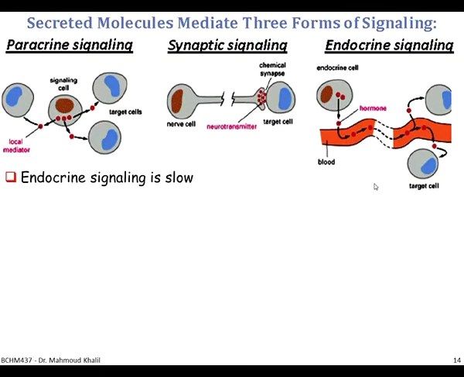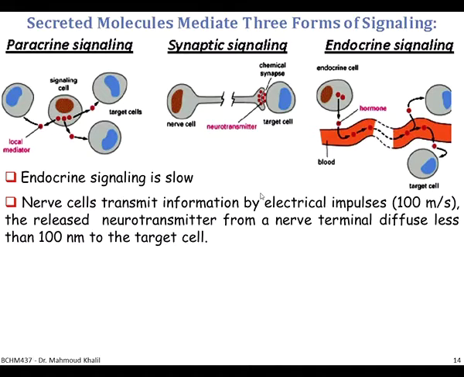So you need to know that endocrine signaling is the slowest type of signaling among these three types. And the nerve cell is the fastest to transmit the information by an electrical impulse that can reach around 100 meters per second.